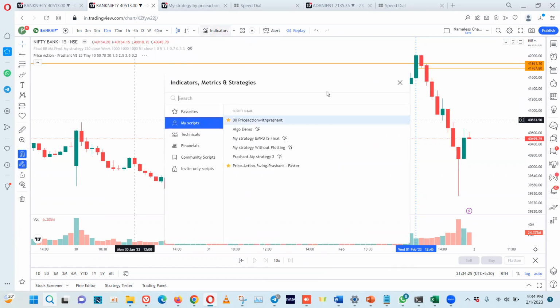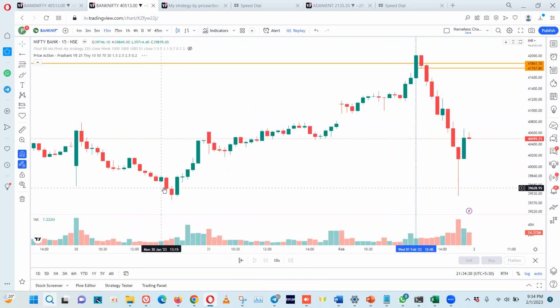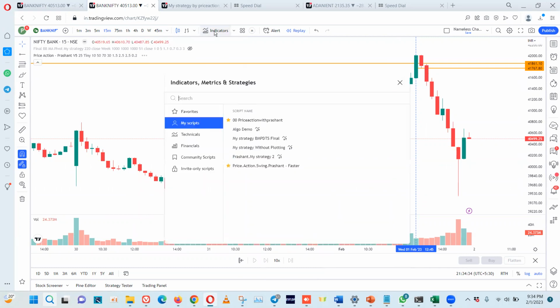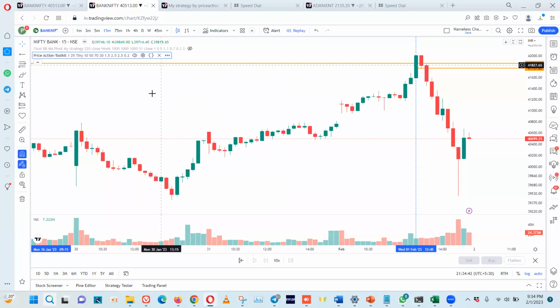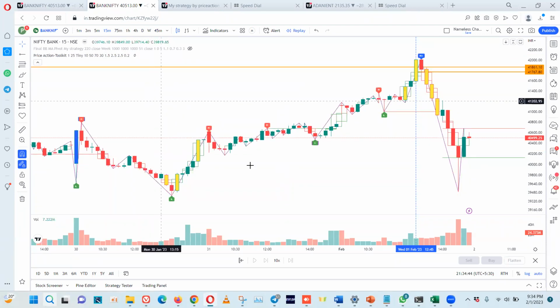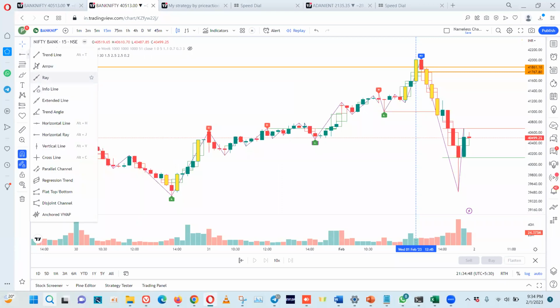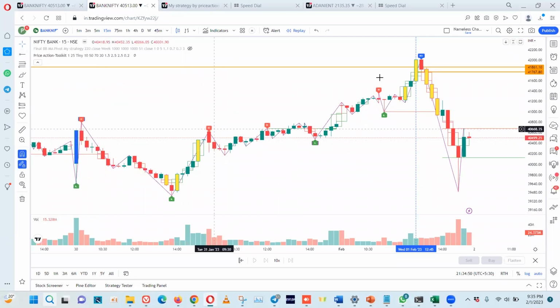Suppose this is my price action toolkit and I have some color coded candles here.